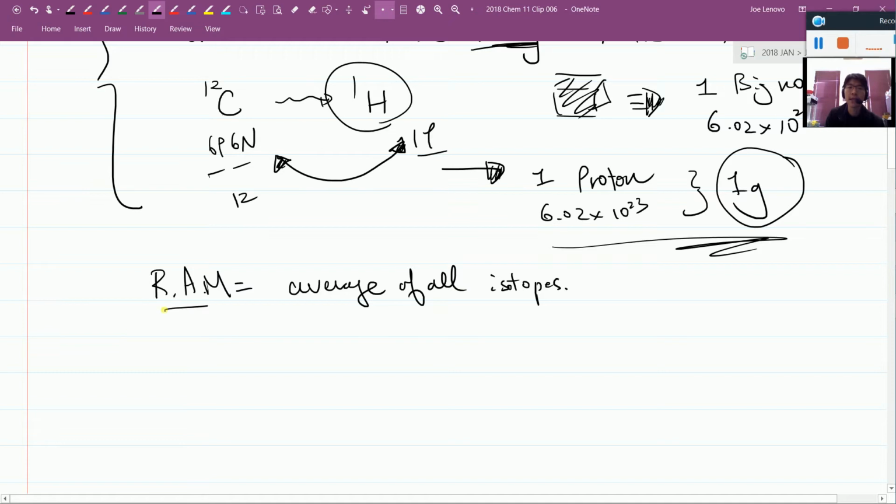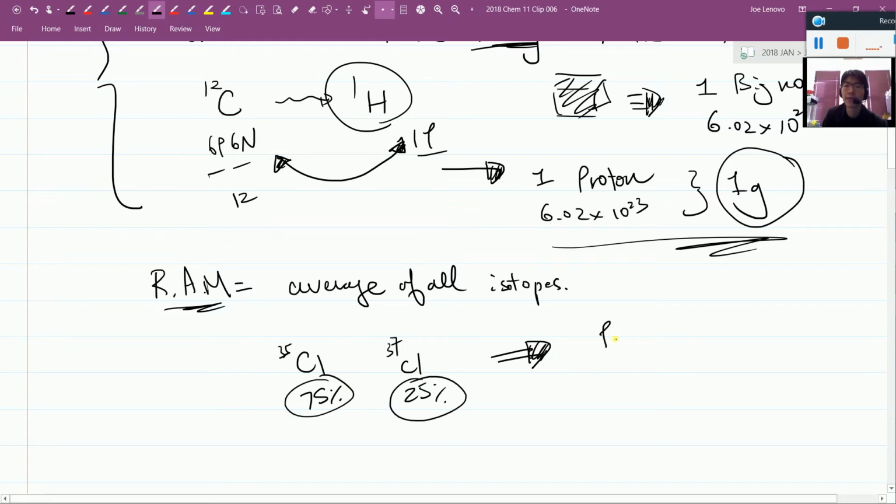This RAM says that if you have chlorine 35 and chlorine 37, with a particular percentage composition between them, 75% and 25%, then when you take the average of all the isotopic masses based on the abundances, you will find that the RAM of chlorine is 35.5.